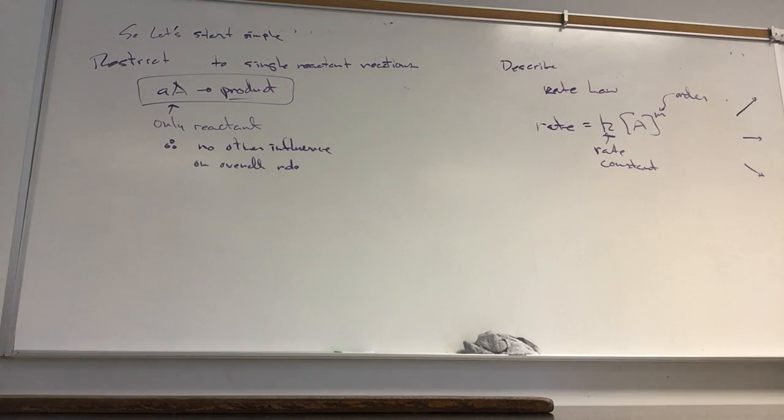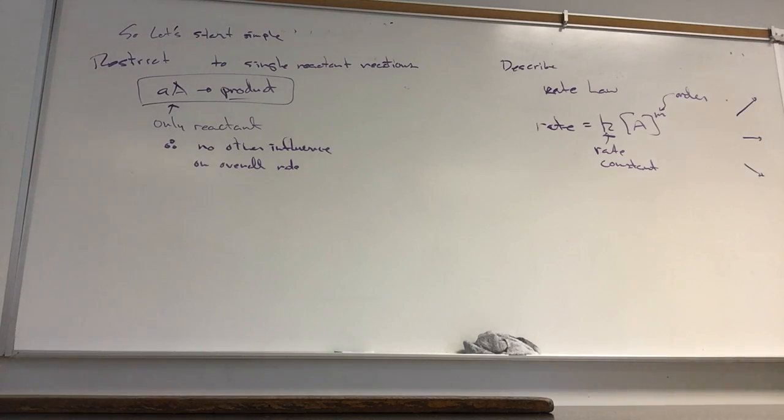m is equal to 1, we call that first order. And so the rate is equal to k A to the first power. And so whatever you do to the concentration, you'll do the same thing to the rate. So if we cut the concentration in half, that's 1/2 to the first power, which means the rate is going to get cut in half.